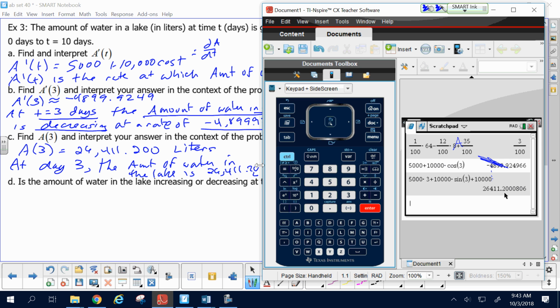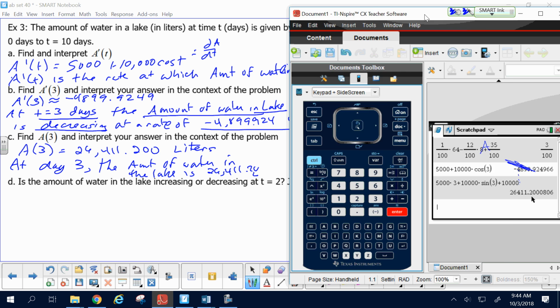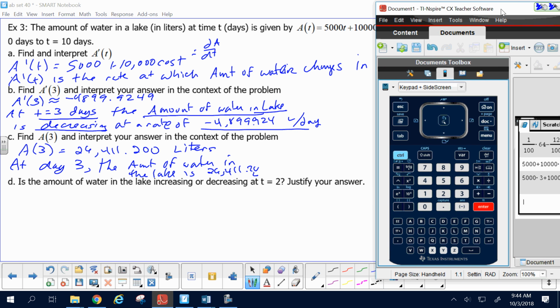Now, that's going to make things harder, because in a calculus problem you're going to have at least two functions working, the function and the derivative, and related, the second derivative. So you're going to have to get straight in your mind what each one is doing. The derivative is a rate. The first function is usually an amount. All right. What about D? Is the amount of water increasing or decreasing at time 2?